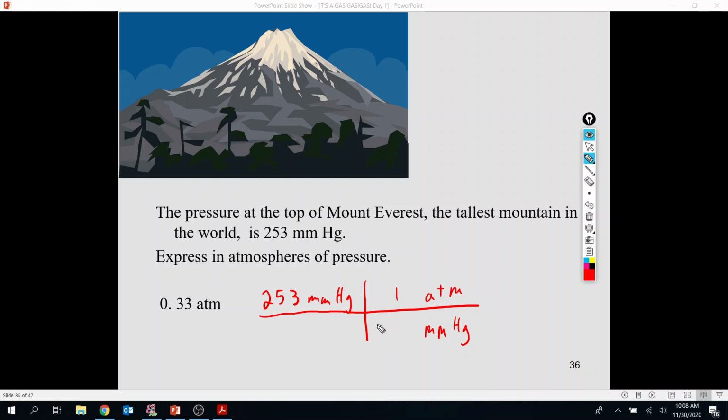That 1 atmosphere is equal to 760 millimeters of mercury. And again, you must have equivalent values over each other in order for this to work properly. So 1 atmosphere over 760 millimeters of mercury, do the division, and hopefully you'll come up with 0.33.